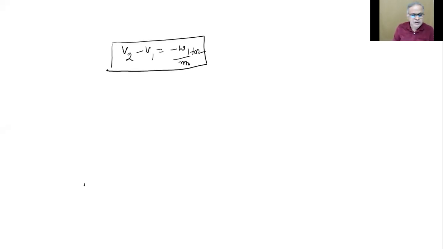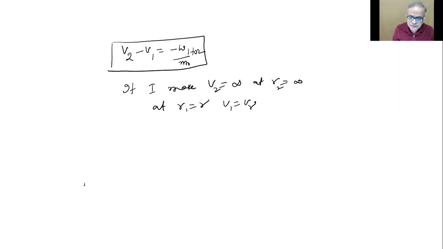So once again, if I make V2 equals 0 at R2 equals infinity, so at R1 equals R, V1 equals V_R, I can write 0 minus V at R is equal to minus W from R to infinity.